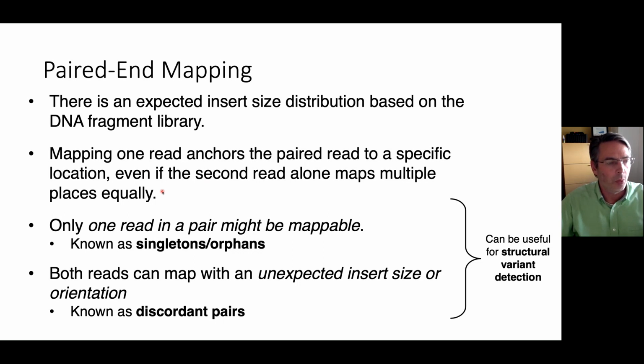And sometimes you can only map one of the reads, and the other one doesn't, and different aligners deal with this differently. Sometimes they'll put it into a different bin. Depending on how much data you have, you might go back into your alignments later, which we'll look at toward the end today, and say, oh, hey, this region of the genome didn't get any reads mapped to it.